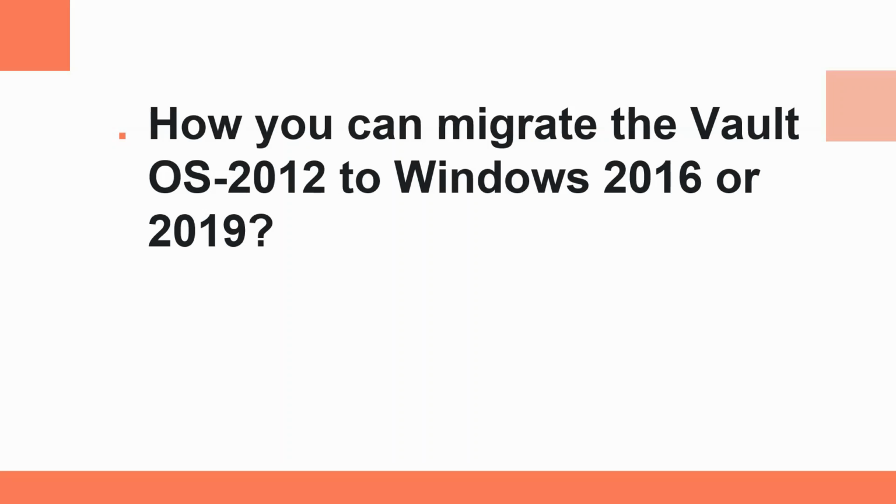So every company is migrating to 2016 or 2019. 2019 is the latest Windows server. So any idea how you can migrate the complete Vault? Because on your Vault server you have all the data, and it's not like you can just copy and paste onto your new server.